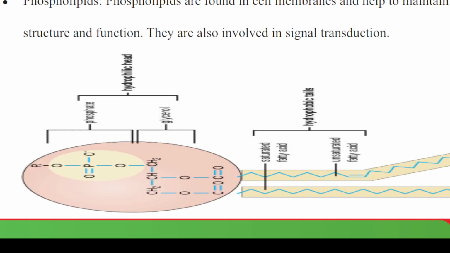Then we have phospholipids. These are found in cell membranes majorly, and they help to maintain their structure and functions. They maintain the structure and functions of the cell membrane, and they are involved in cell signal transduction too. Like I can say, transport movement of signals from one point to another, and transforming them along the neurons.